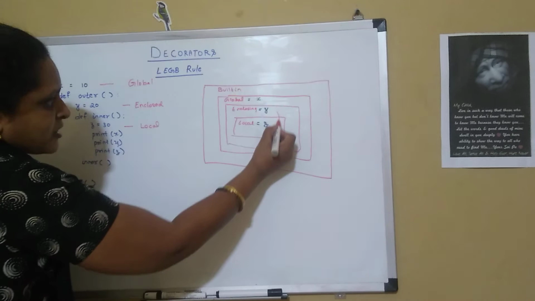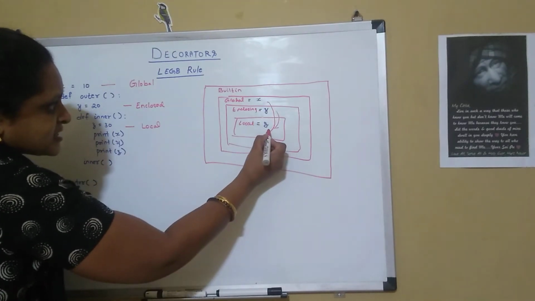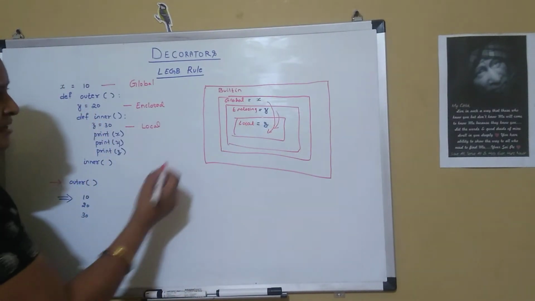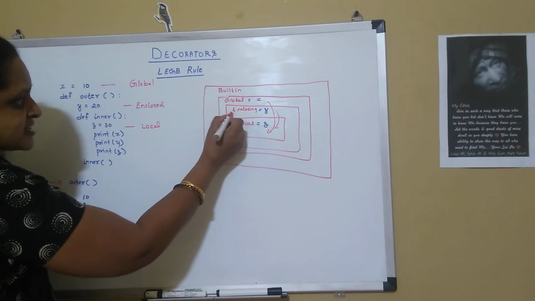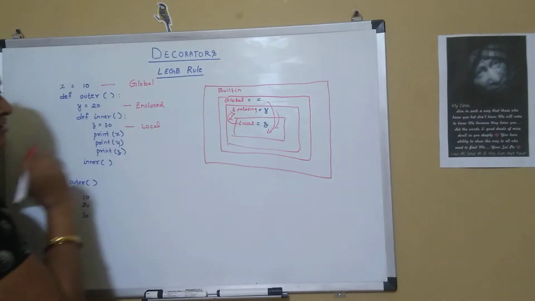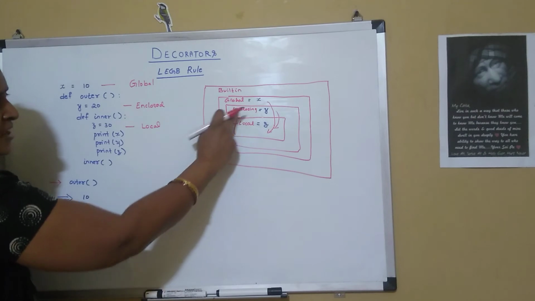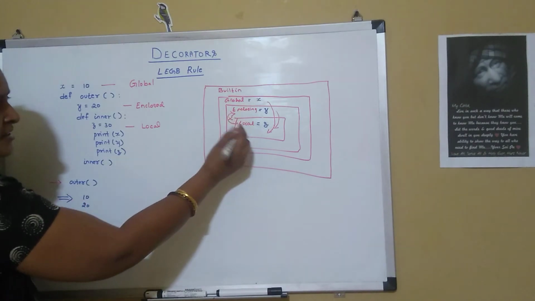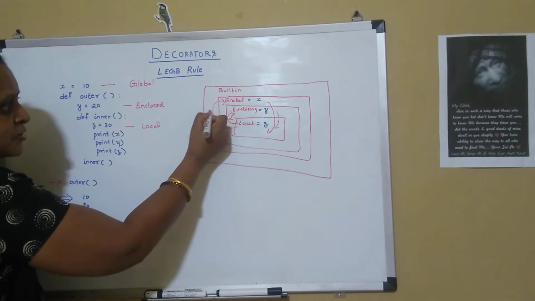So x and y being accessible but z not being accessed in this particular method is not correct. Z is not accessible in the enclosing function and z is not accessible globally as well.